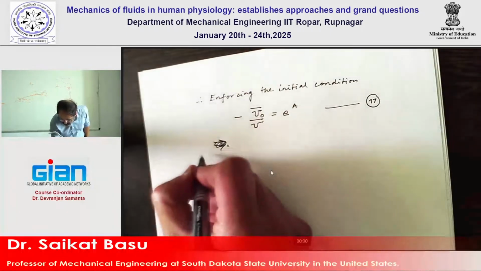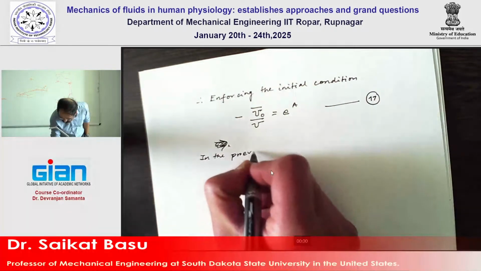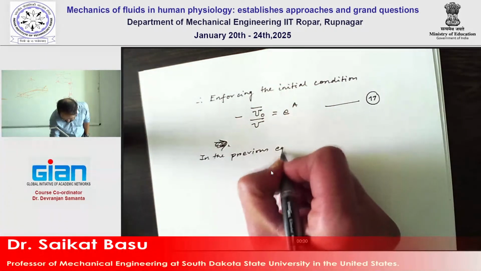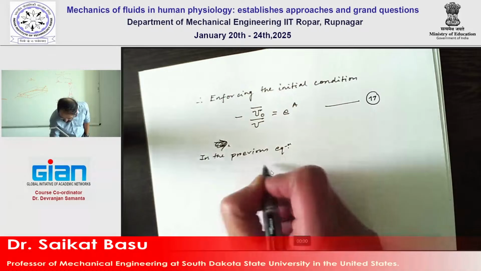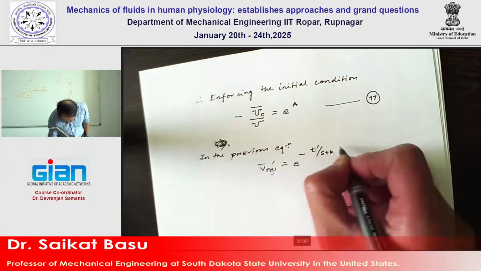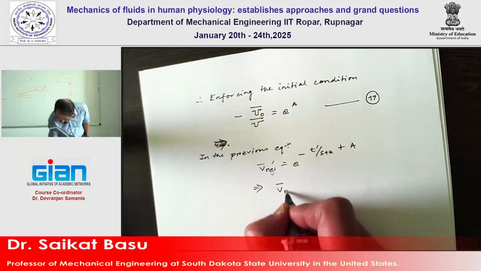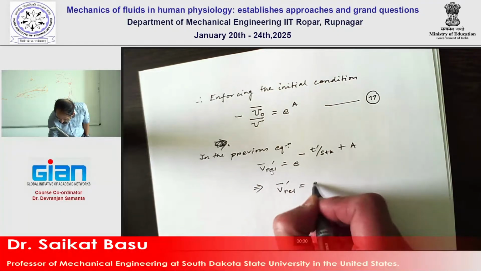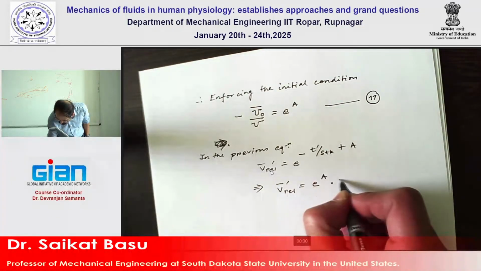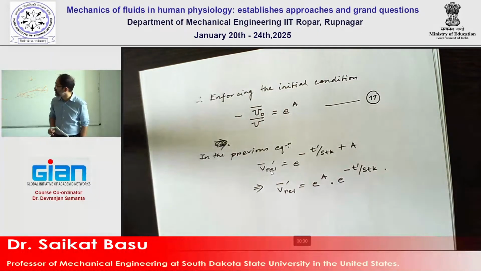So now in the previous equation, we had v relative prime is equal to e to the power of minus t prime over Stk plus a. We are now going to break this right hand side into e to the power of a times e to the power of minus t prime over Stk. We have already figured out what this e to the power of a is.